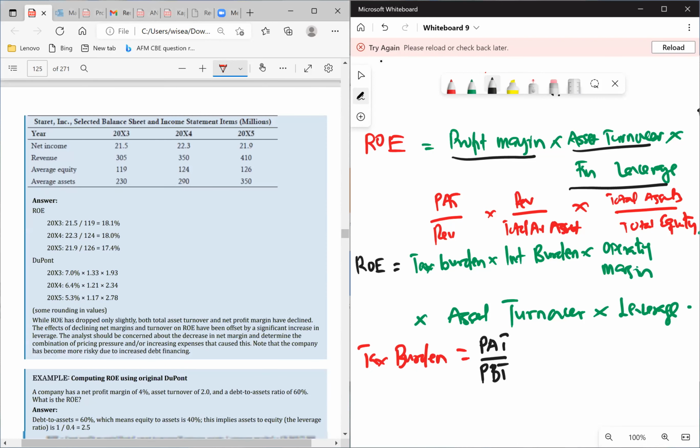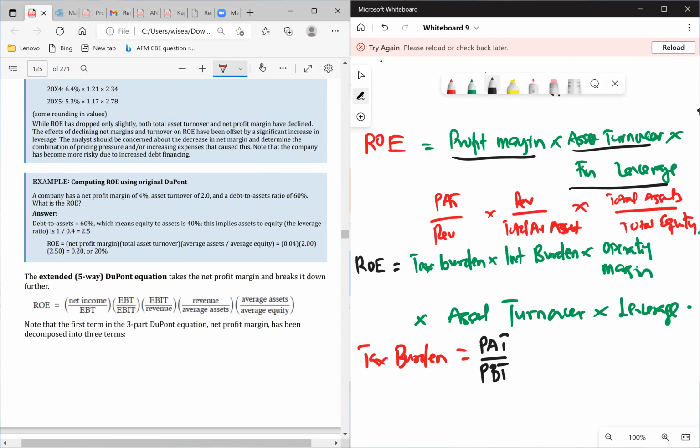So what we are looking at is profit after tax divided by profit before tax. That is your tax burden.